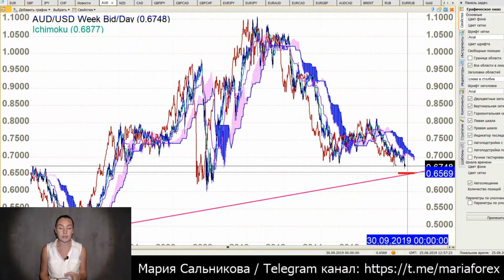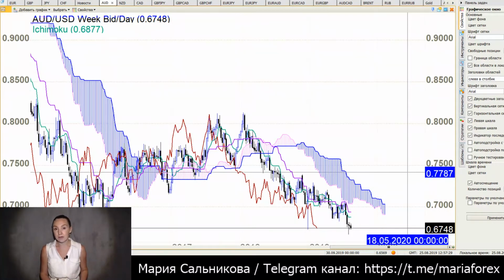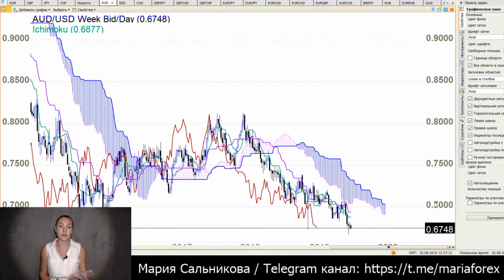Maybe it will happen in October, maybe it will happen in December, but the level of support 0.65, this is a price where Australian dollar will try to reach this year, maybe next year, in the beginning of the next year, maybe in January.